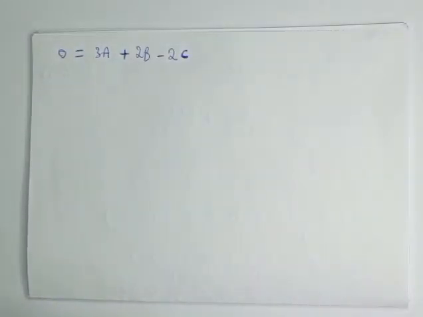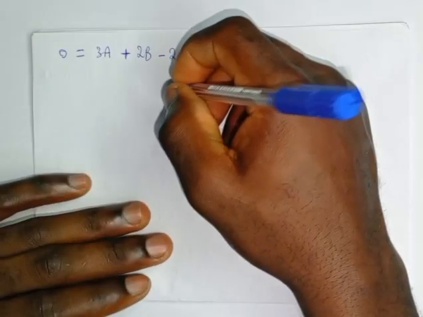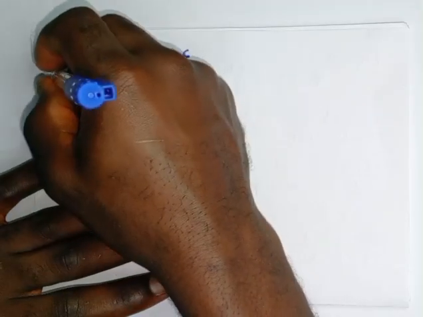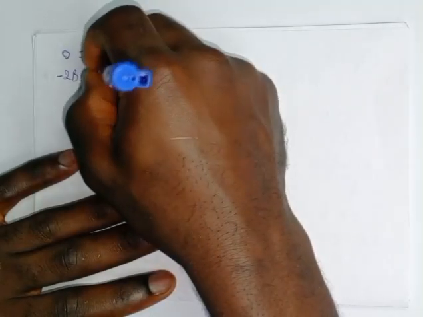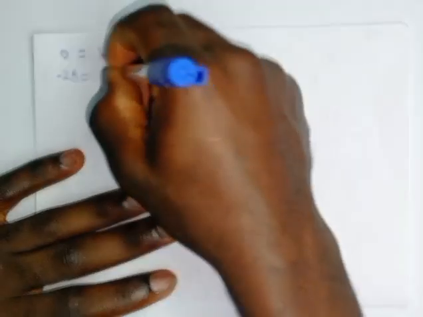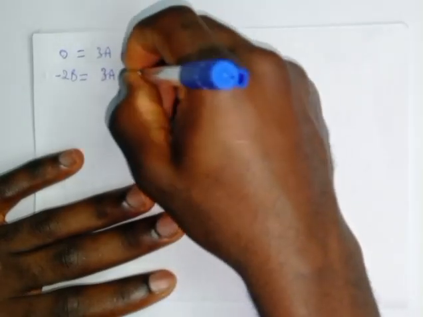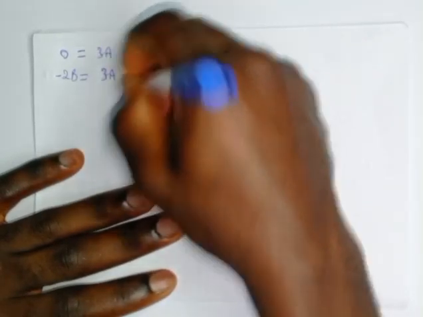Next step, we are going to make the constant b the subject of formula because we are looking for b. We're going to transfer 2b to the left. Negative 2b will be equal to 3a minus 2c.